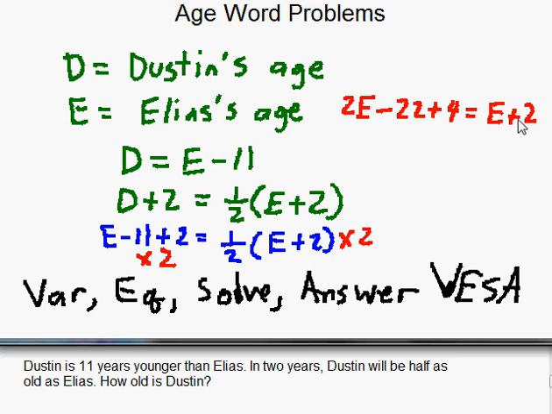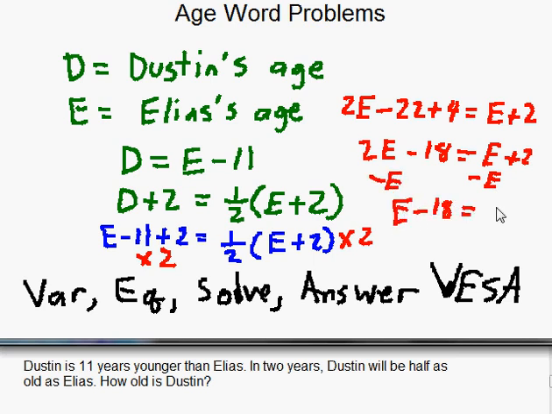Negative 22 plus 4 is 2E minus 18 equals E plus 2. Then subtract E from both sides, and we get E minus 18 equals 2. Then add 18 to both sides, and you end up with E equals 20.